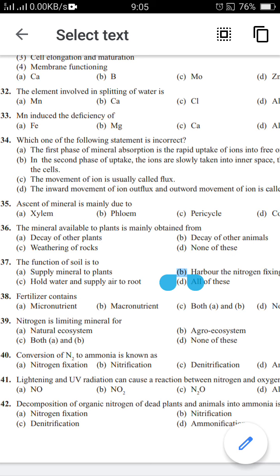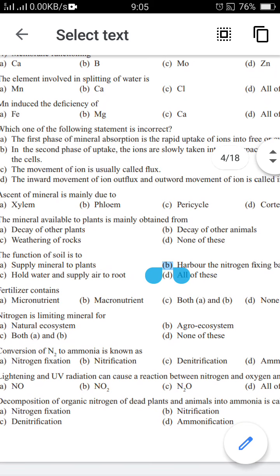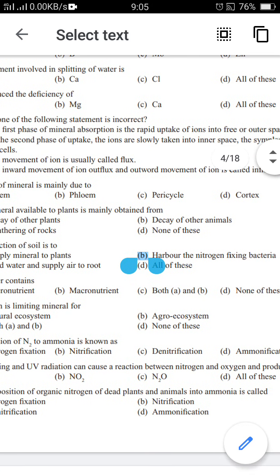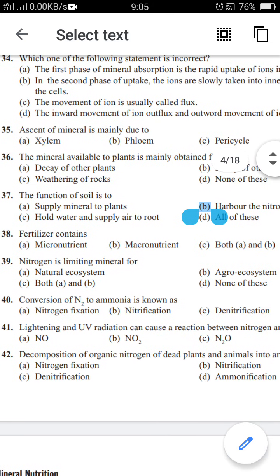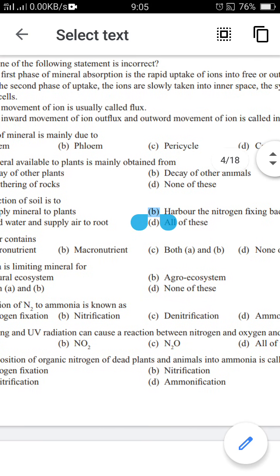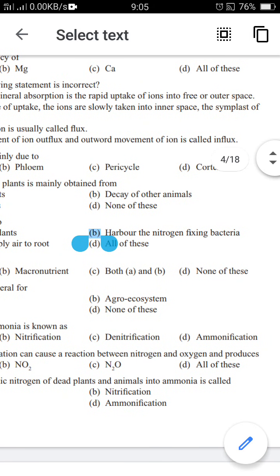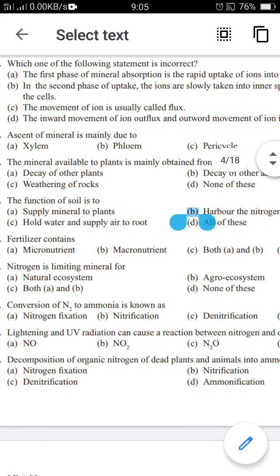34. Which of the following statement is incorrect? A. The first phase of mineral absorption is the rapid uptake of ions into free or outer space. Next, in the second phase of uptake, the ions are slowly taken into inner space of the cells.